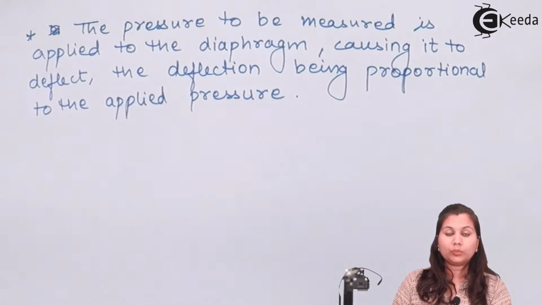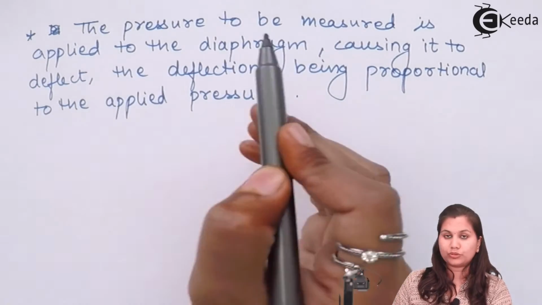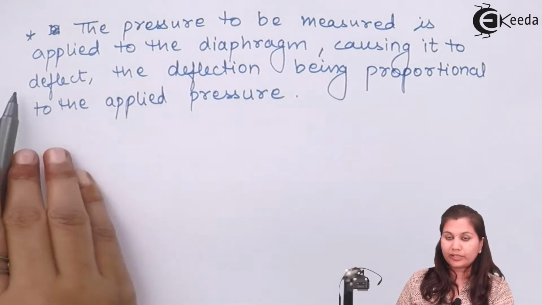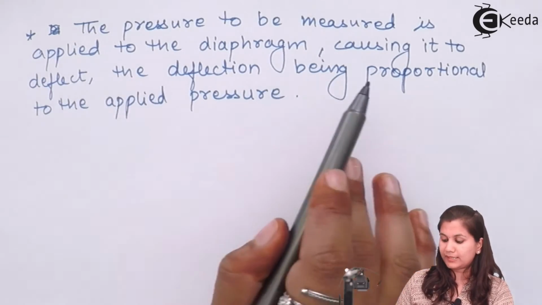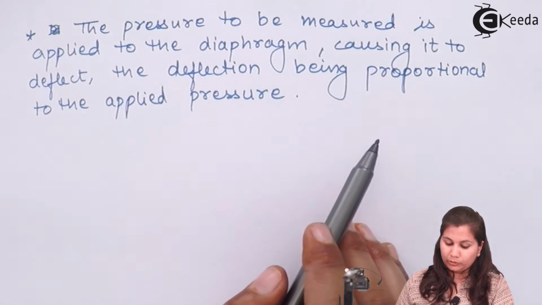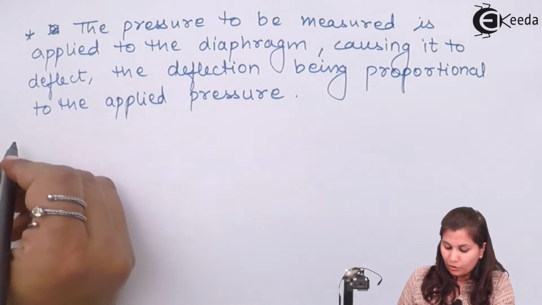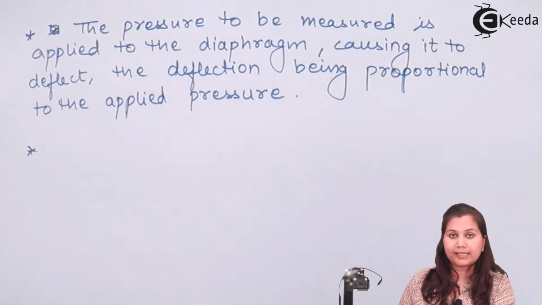So we can say that the working principle of the diaphragm is that the pressure which we want to measure is applied to the diaphragm, causing it to deflect, and this deflection is proportional to the applied pressure. Now the movement of the diaphragm depends upon the thickness and the diameter of the diaphragm.